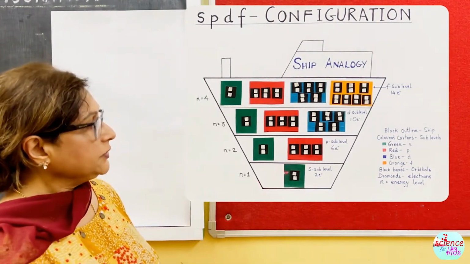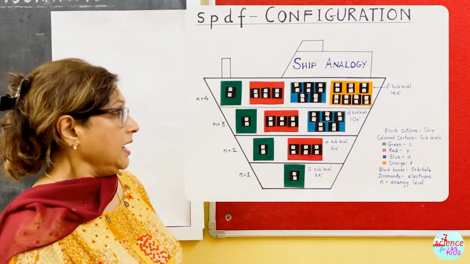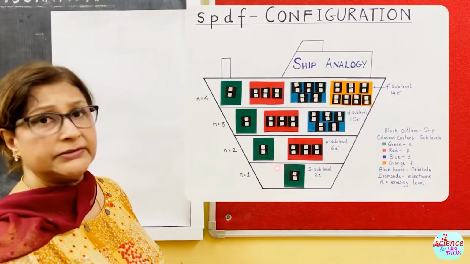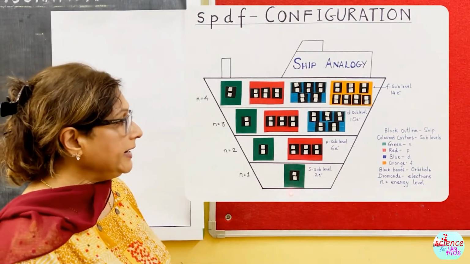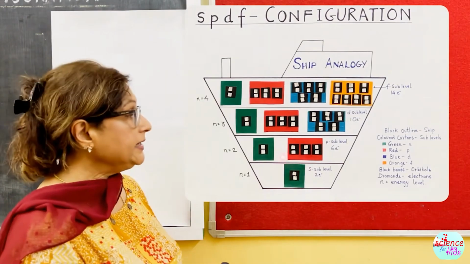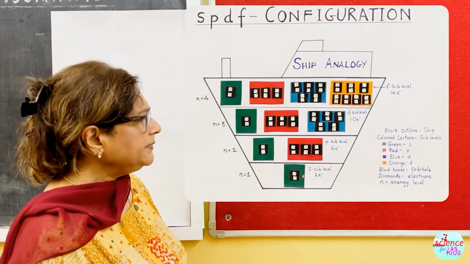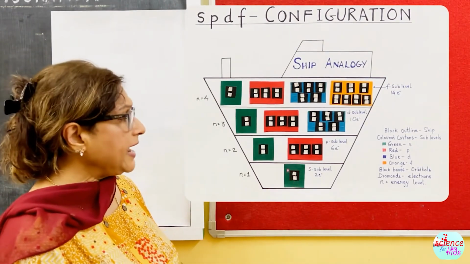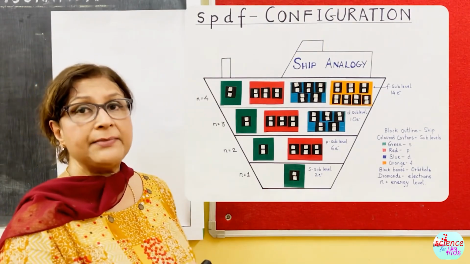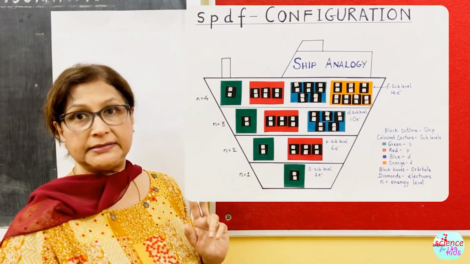Now, as I said, it has a very unique arrangement. So first we will talk about Deck 1. In Deck 1, as you can see, there is a big green box. Inside the green box, there is a little black box, and this black box can hold a maximum of 2 diamonds.